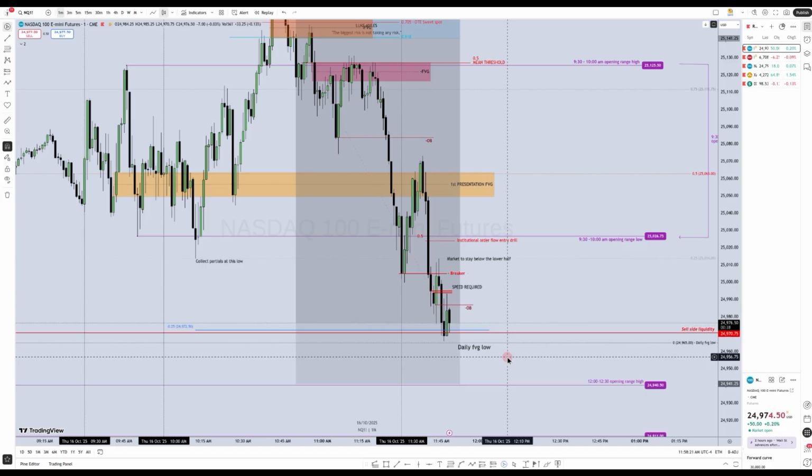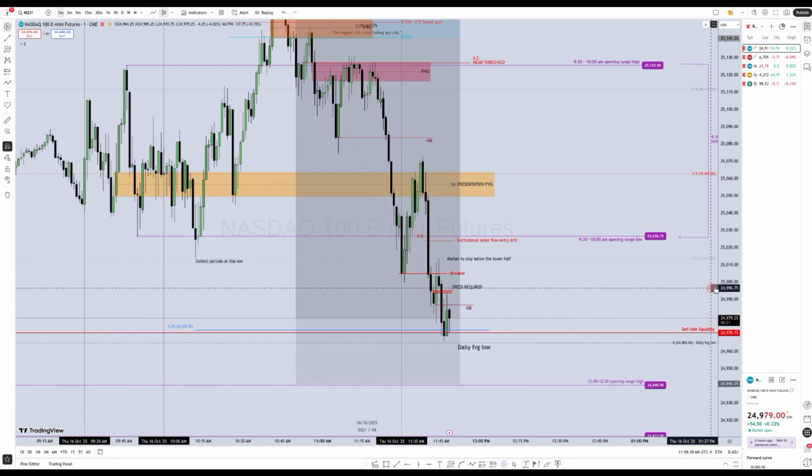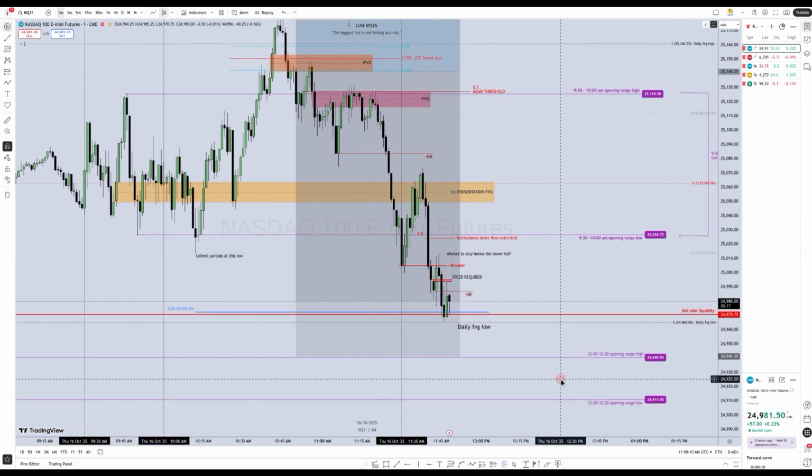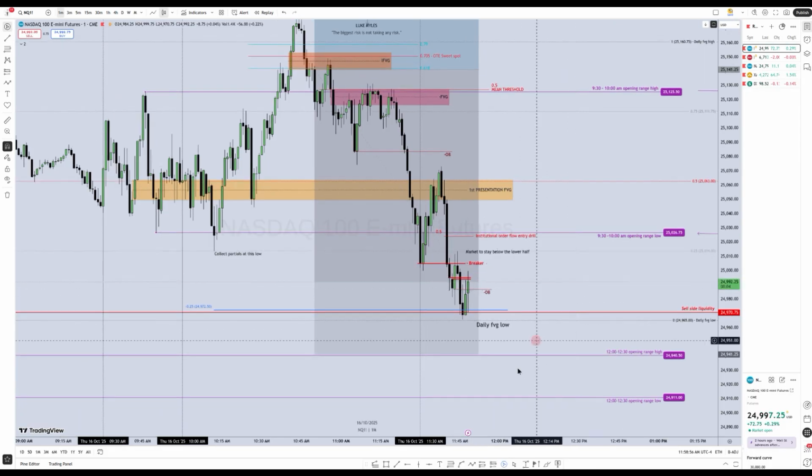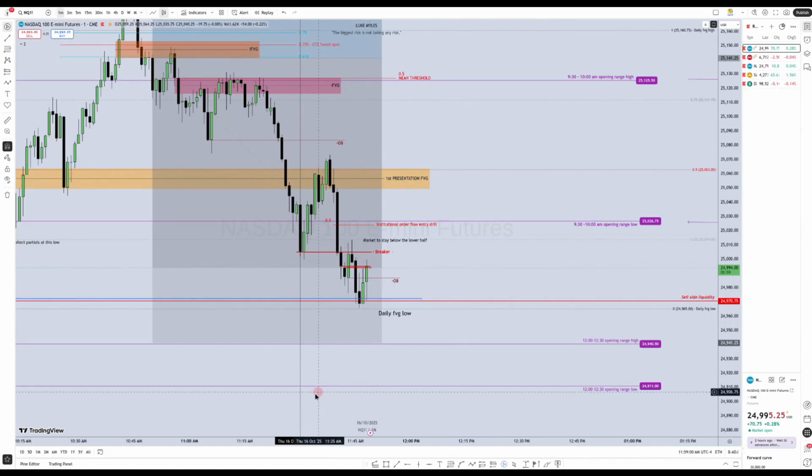So I expect us to drop into the daily fair value gap low, probably close below that, and then use that as resistance and drop lower into the 12 p.m. to 12:30 opening range high. So currently where we at, we are having time distortion going into the macro at 11:52, 12:10, just like that, noted right there.